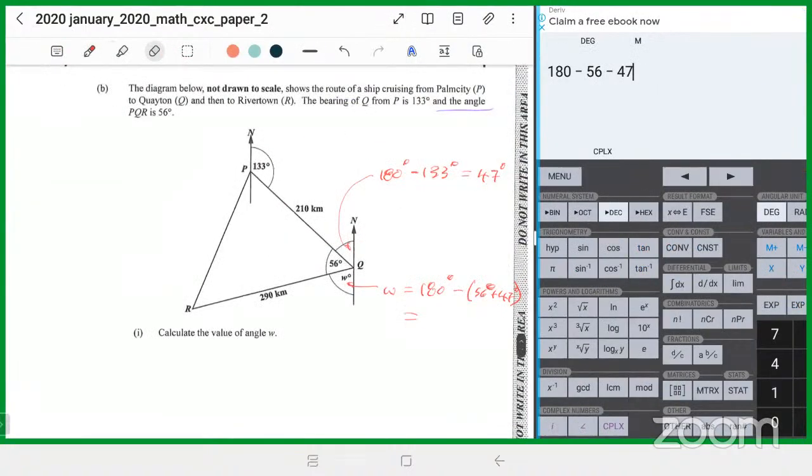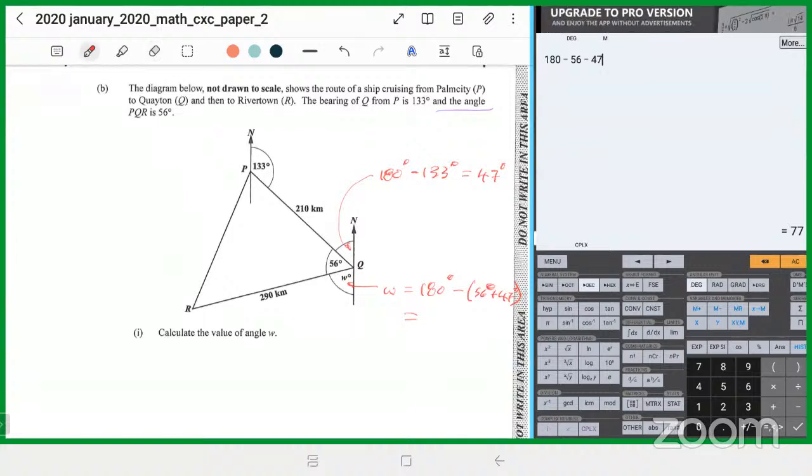All right, 77. Well, let me show you the way I would prefer to do it though. I could do it without doing this. You could also recognize, let me take this off, you could also recognize the Z in here. This line and this line down here are parallel, and they alternate on this line.